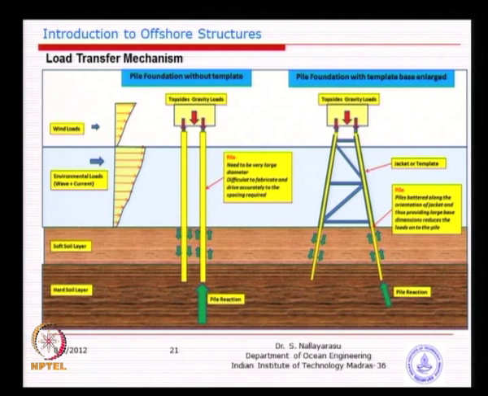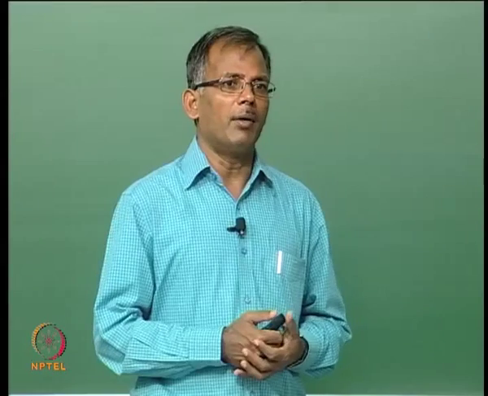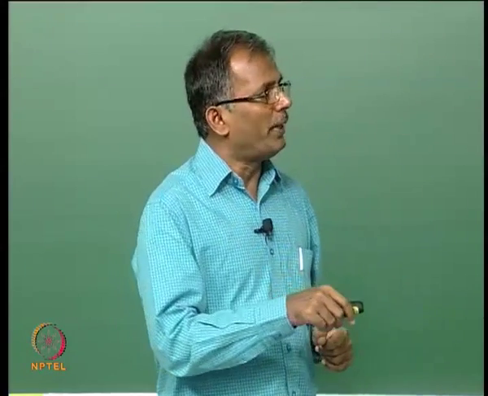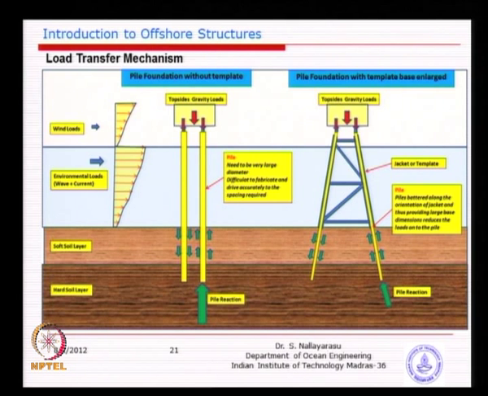Once you do this, the pile need not be very large, because it is a fully braced system, the pile is going through a frame. So while doing this, the pile has gone through without any problem at a predetermined spacing which was designed to be required by the superstructure. Number 2, the pile has become smaller because it is a fully braced connection.